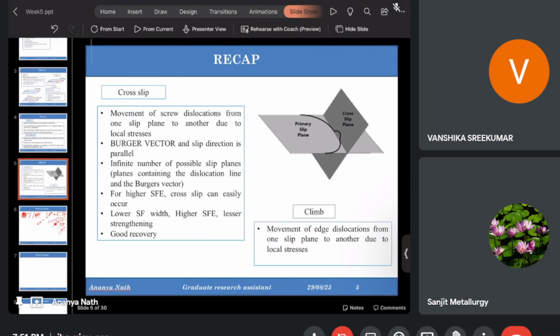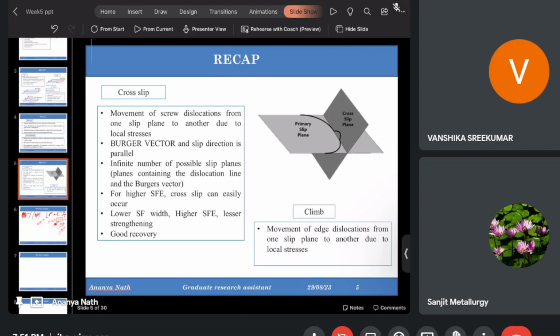So cross slip is the movement of the screw dislocation from one slip plane to another due to the local stress. So obviously stress is something which is associated with the energy as well. Depending upon that, and also in which direction I am applying the cold working, the slip will take place, or the movement of the piled up dislocation will take place.